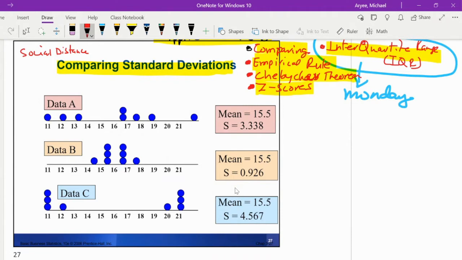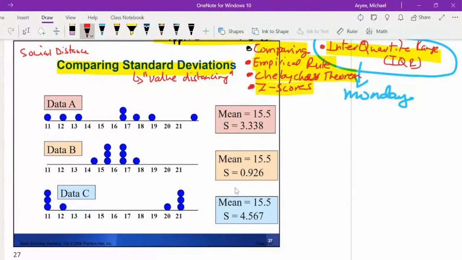If you are far apart, then the social distance will be large. If you are very close, the social distance will be low. In the same way, for the standard deviation, I just coined the term values distancing. I don't know.